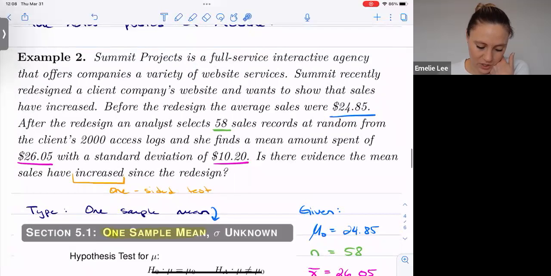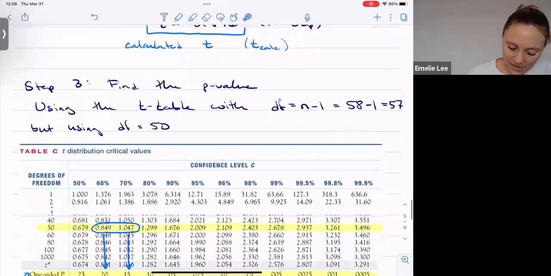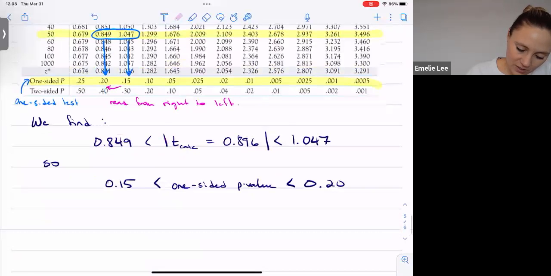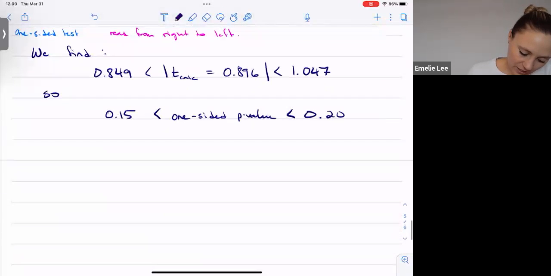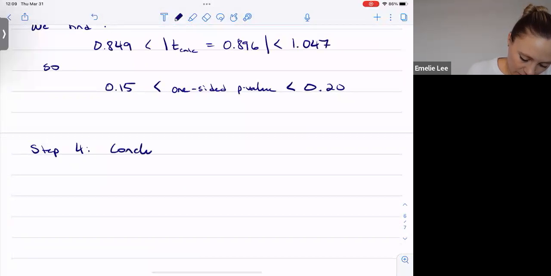Well, that was the other question. I don't have an alpha here, but I know the default is 0.05, so I'm going to use that. All right, so I have a range for my p-values. So all of a sudden I'm ready to go here. And step 4, I'll put it on a new page here. Step 4 is my conclusion.